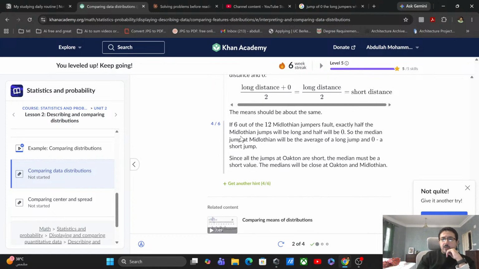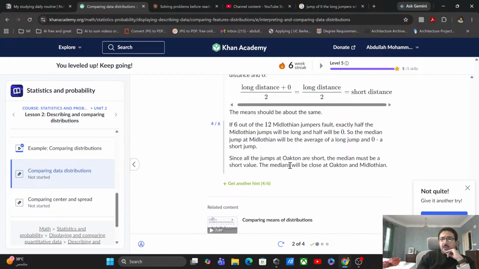The mean. Out of exactly half the Middleton jumpers, half will be long and half will be 0. The Middleton mean is the average of a long jump and 0, minus a short jump.